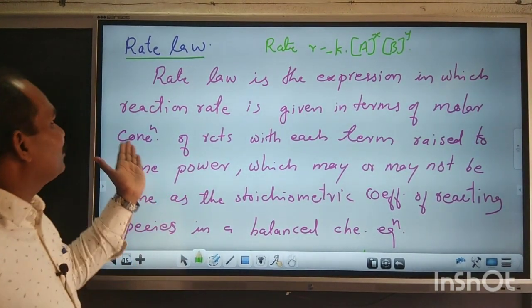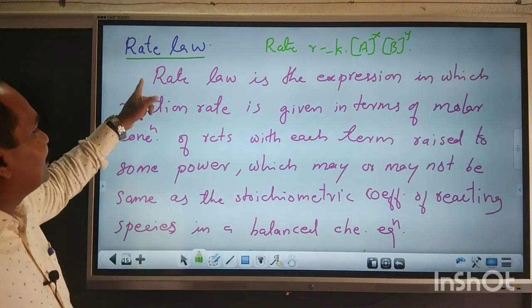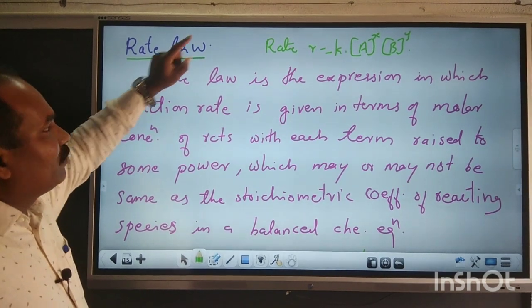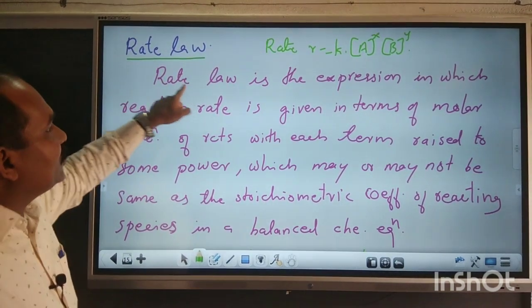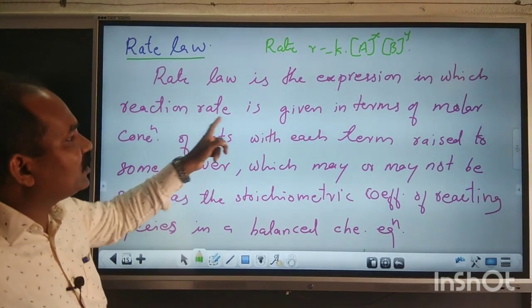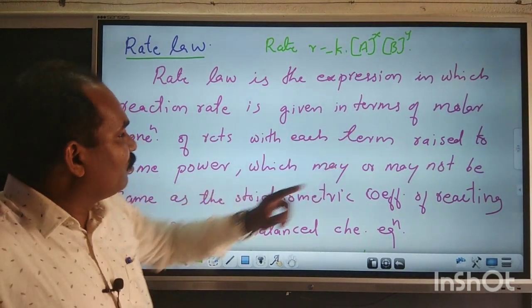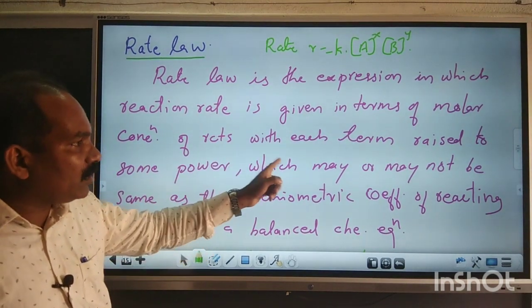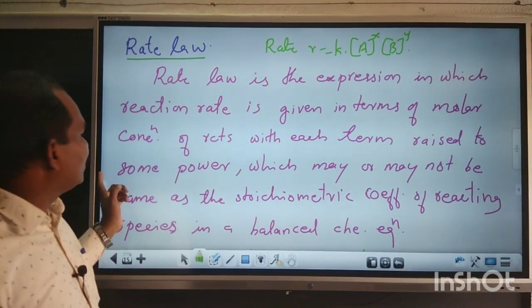The definition is given in your textbook. Anyway, I wrote it on the board. Once again, I explain this. Rate law from the rate equation: rate law is the expression in which the reaction rate is given in terms of molar concentration of reactants, with each term raised to some power.